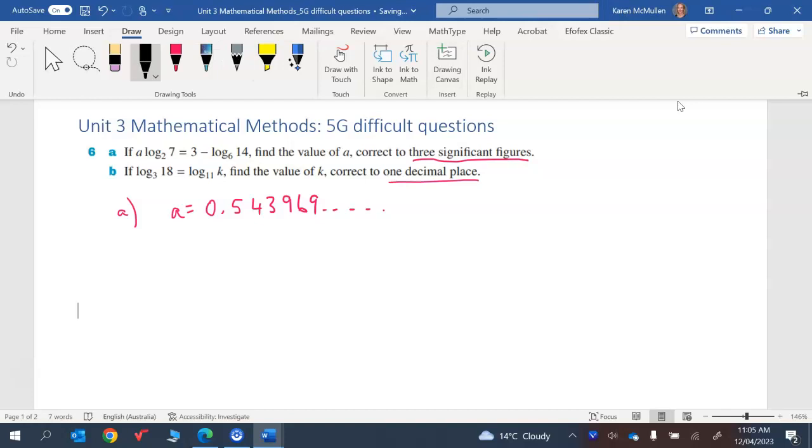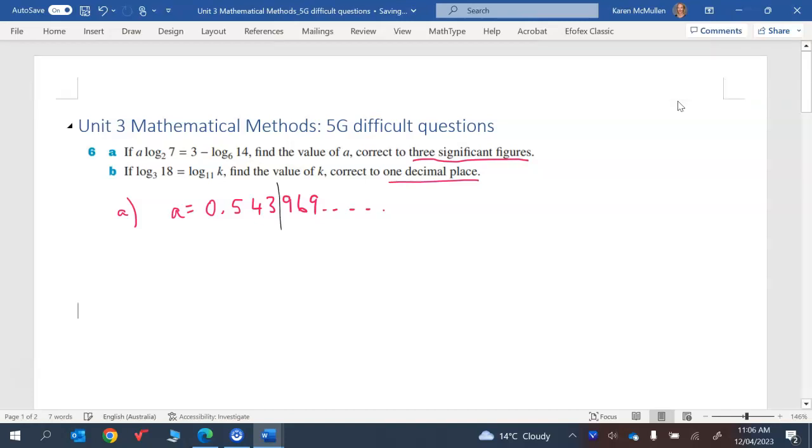Sometimes it could end up the same thing, but you need to remember that they are actually different. So for significant figures, we ignore any leading zero. You can see here, we're starting with a 0, so we count the non-zero numbers. We've got 1, 2, 3, and we're going to do our cut there. And then this number decides whether we round up or we round down.